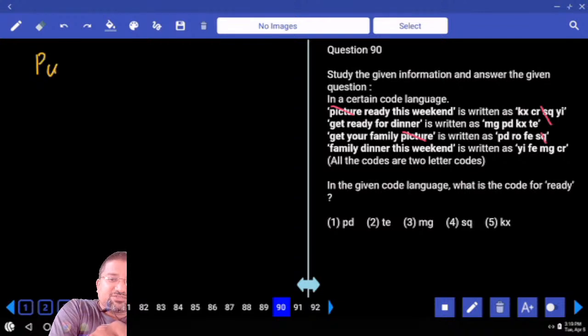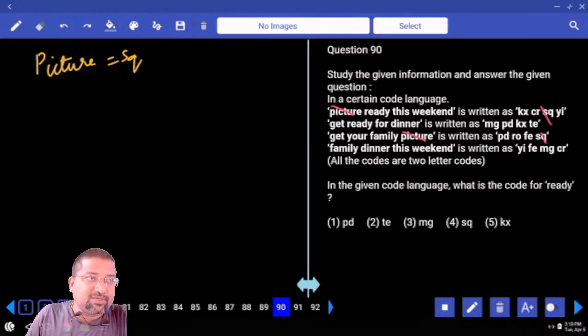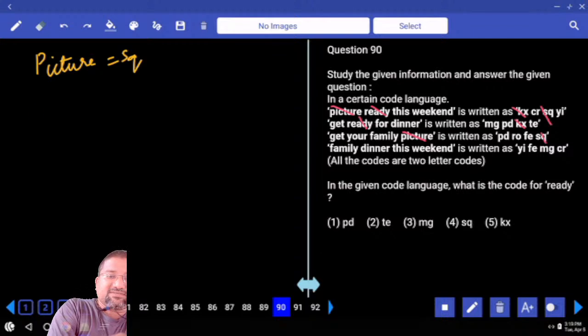Picture is equals to, ready. Do you find ready anywhere else? Do you find ready anywhere else? First and second. Is this the only word that is common? Yes. Ready is KX. Only one word common, and that is KX.